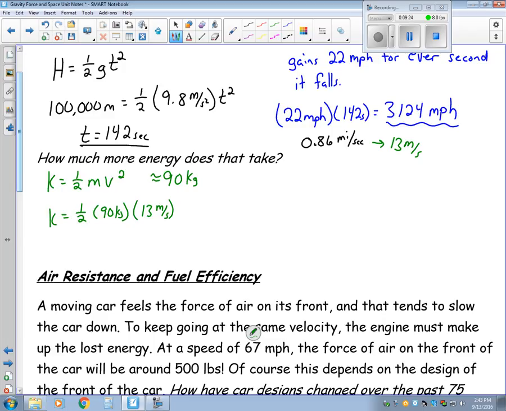And that gives me, got to square that, 7,600 joules, which is right around 1.8 calories. Food calories. So really, it doesn't take as much energy as you might think to do that.